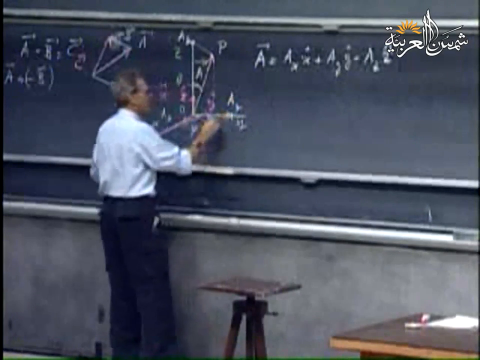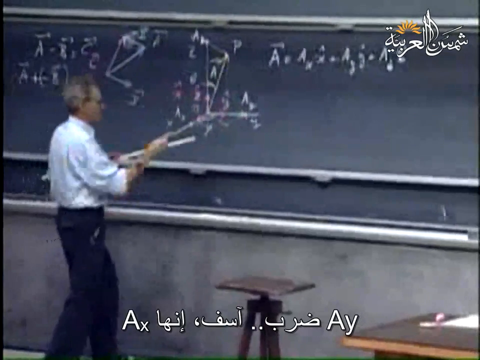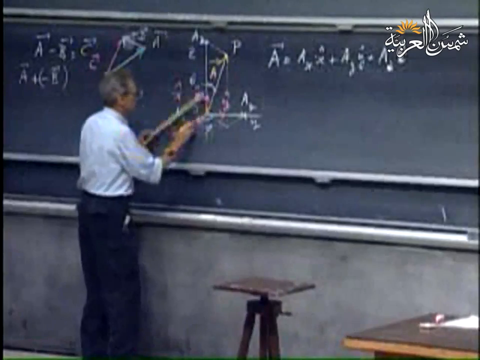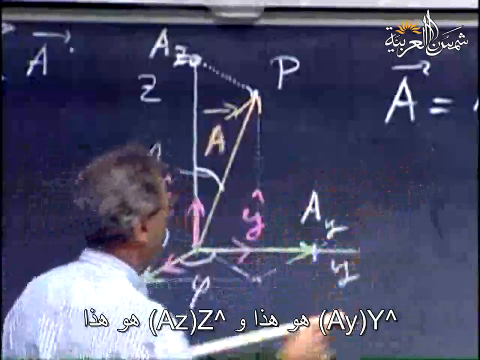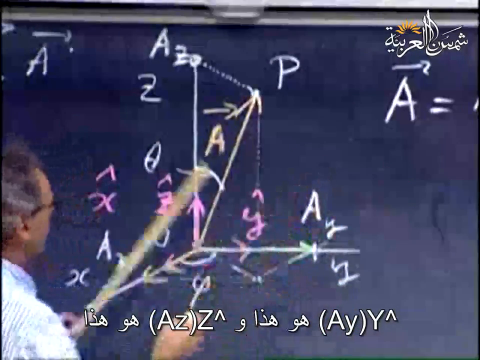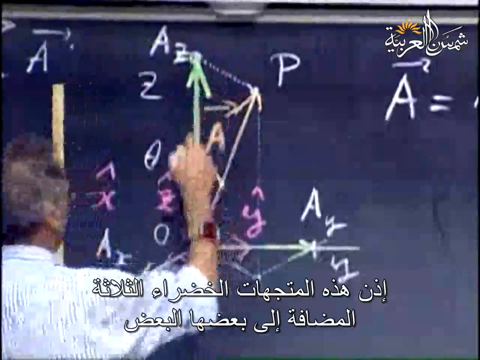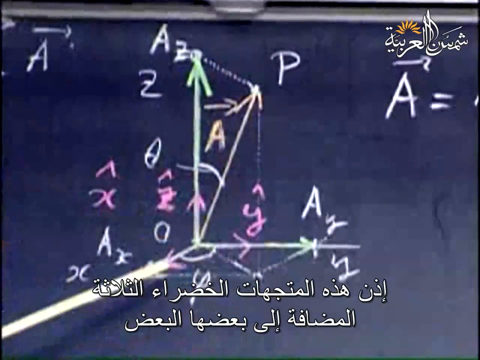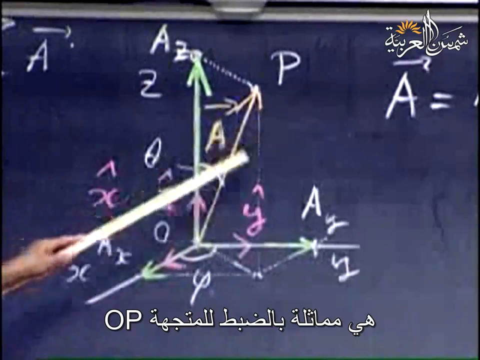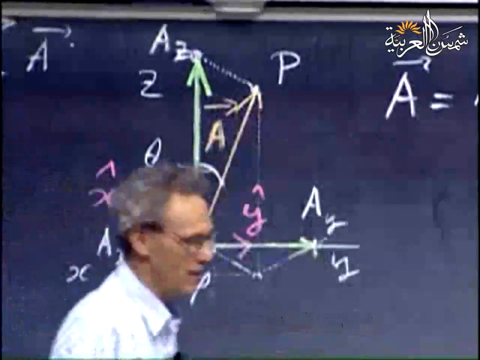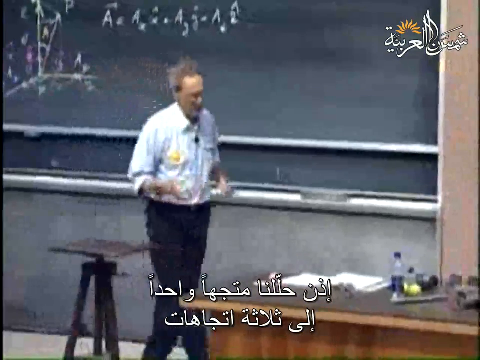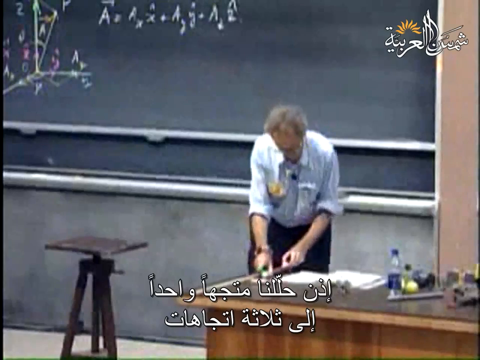This is that vector. A of y times y roof is this one. And A of z times z roof is this one. And so the three green vectors added together are exactly identical to the vector OP. So we have decomposed one vector into three directions.